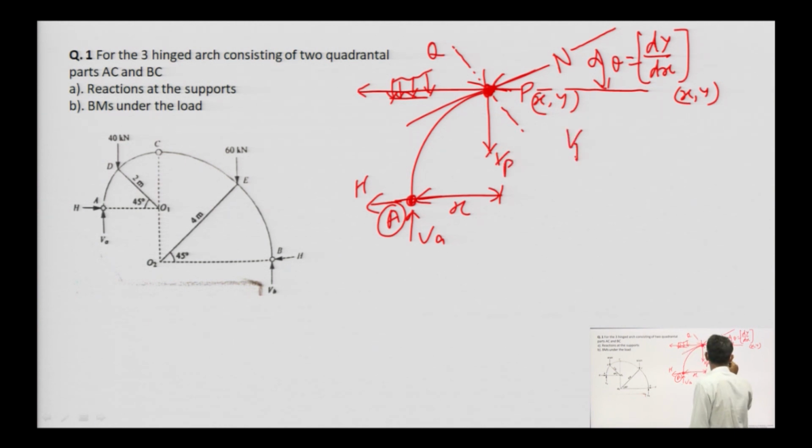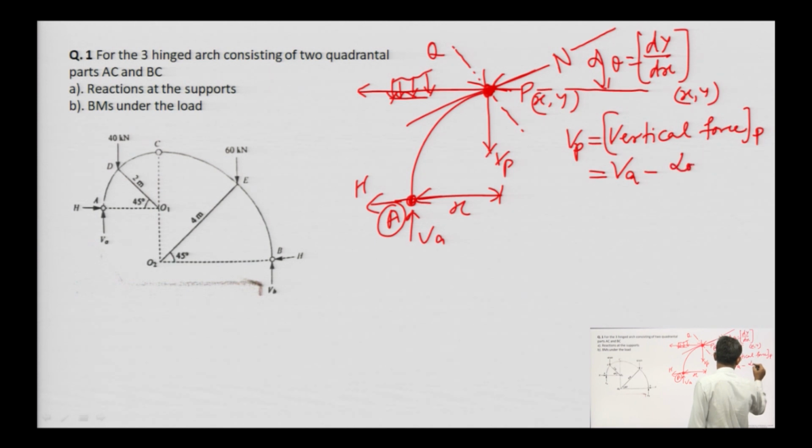Vp is the vertical force at P, and what will that be? Vp will be Va minus the load on the segment AP. Whatever is the load in this segment. So if the load is 0, then Vp will be equal to Va.